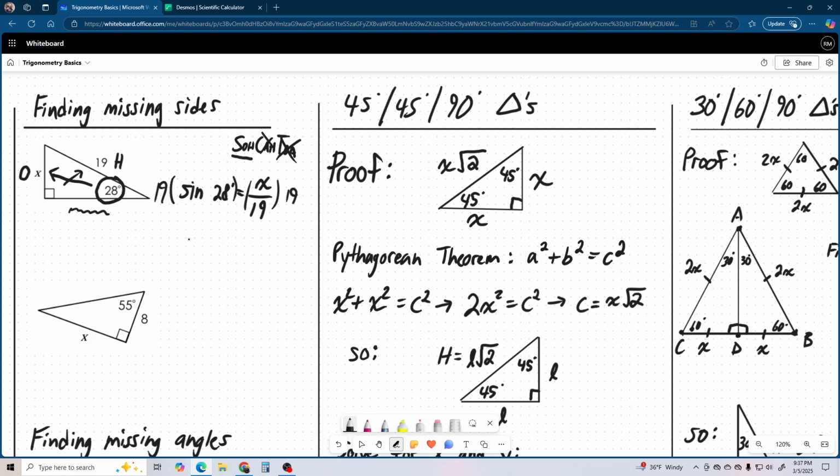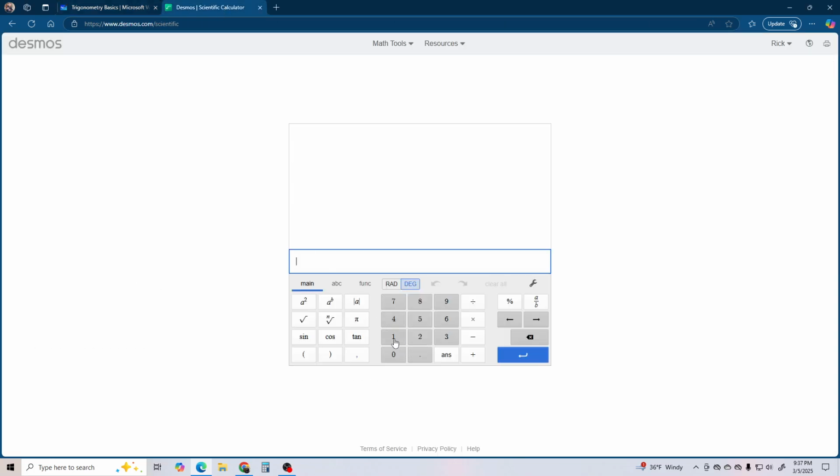And now we can put this into our calculator because we're going to have x equals 19 times the sine of 28 degrees. So let's go here. We have 19 times sine of 28.